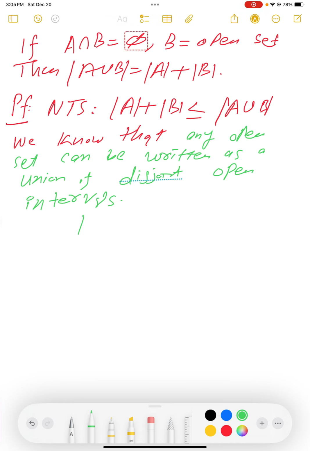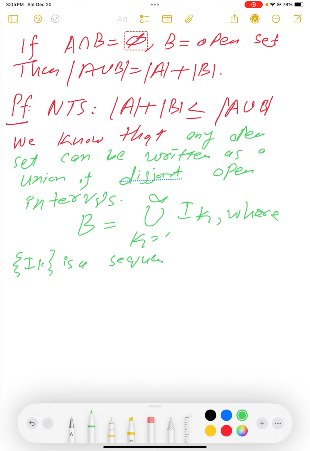Okay, so since B is open, B can be written as a union of disjoint intervals, where I_k is a sequence of disjoint open intervals.